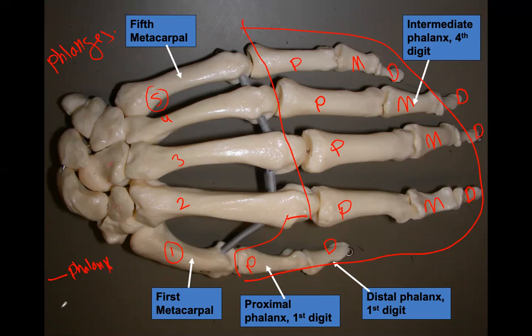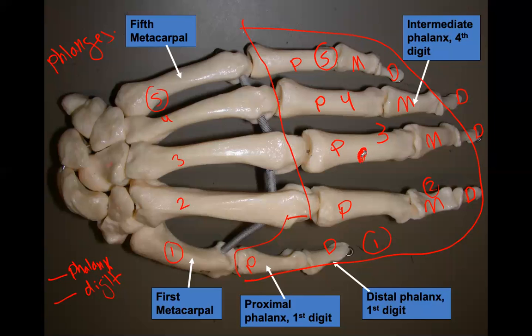And then the next thing you want to identify is the number and then the word digit. So again, this is your number 1 finger, 2, finger 3, 4, and 5. So if you follow this, and I said, name this bone, okay?